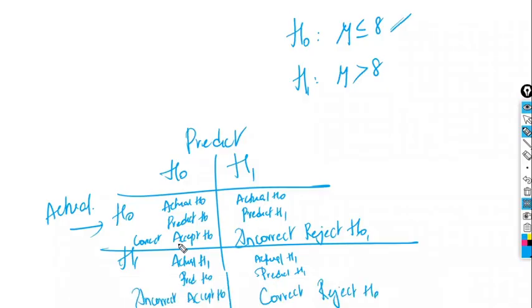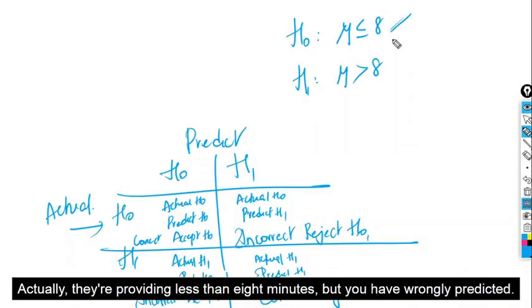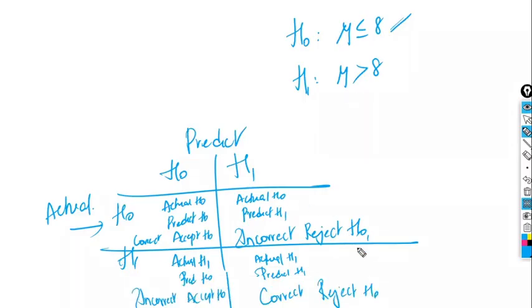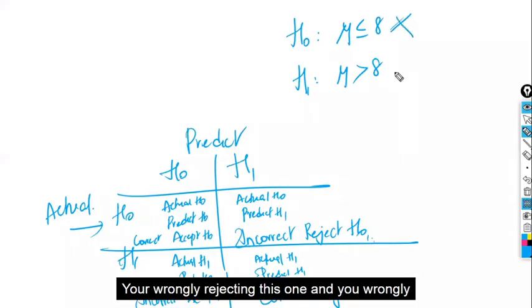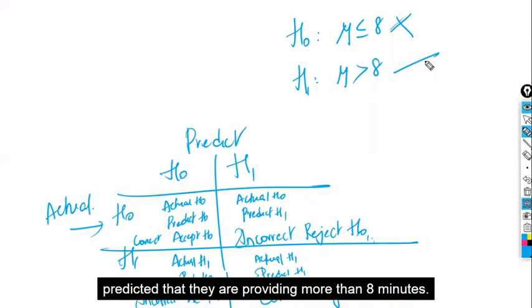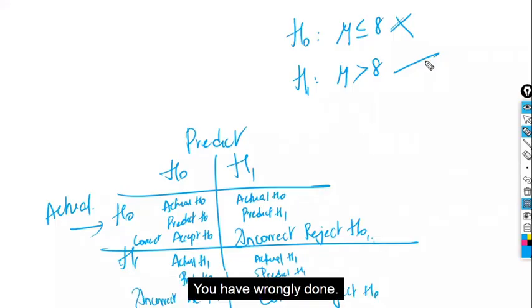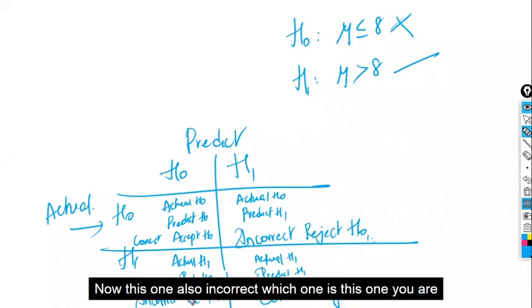It is nice. But if actually they are providing less than 8 minutes and you have wrongly predicted greater than 8 minutes, you are wrongly rejecting this one. That is incorrect. Now this one is also incorrect.